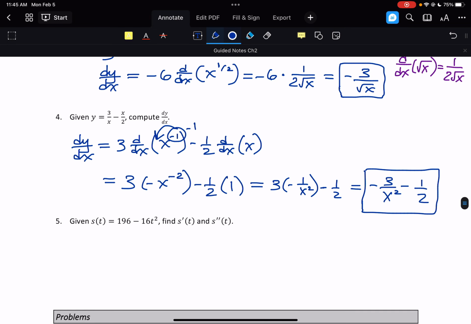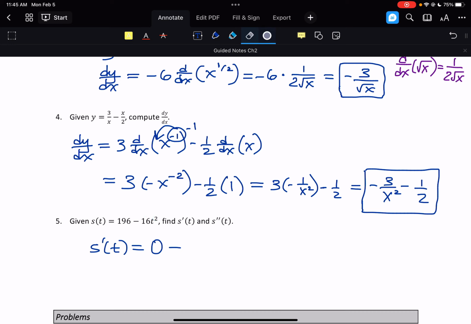For one like problem 5, if we want to find s prime of t and s double prime of t, we go one derivative at a time. Derivative of 196 by itself is just a 0, minus 16t squared. So derivative of t squared, we bring down the 2 and subtract 1.